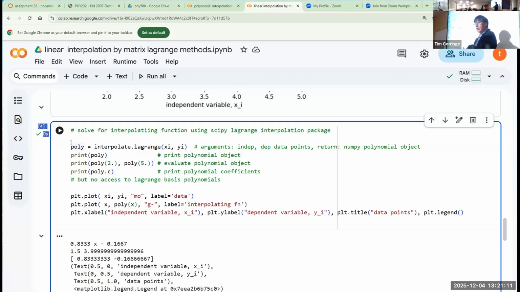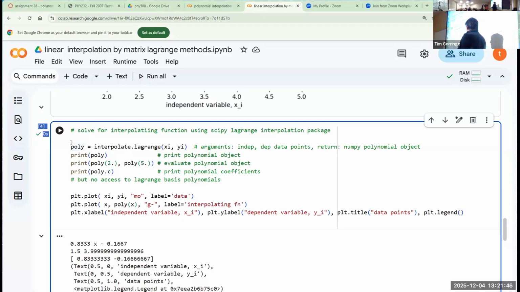It allows you to print out in text form what the polynomial is, and it allows you to inquire what the coefficients of the polynomial are. So the polynomial object comes with a number of methods that allow you to inspect, inquire, and print the polynomial. So here, from this one function call, I've got the polynomial, but I'm just showing you some of the things that you can do with it.